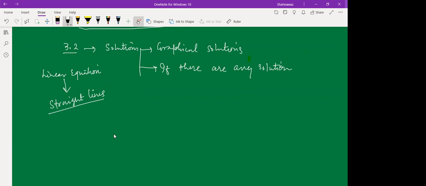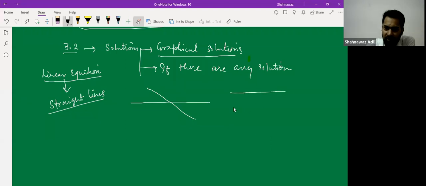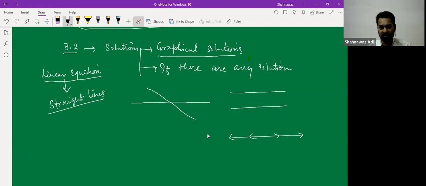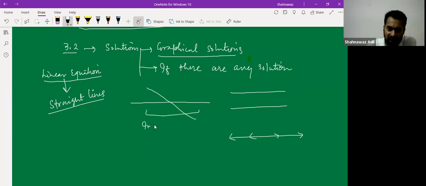Yes, sir. So in graphical representation or in graphical solution, we will see what can be the scenarios of two lines. So these two lines will be intersecting, right? Or they can be parallel, or they are coincident, right? Are there any more possibilities? No. So this is called the intersecting lines.